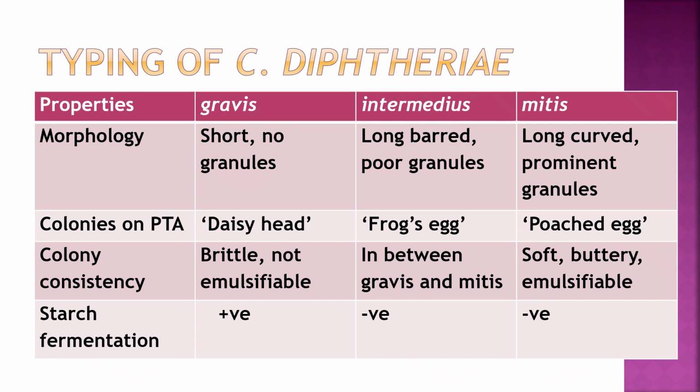The colony consistency in Gravis is brittle, not emulsifiable. In mitis, it is soft, buttery and emulsifiable, and in intermedius it is in between Gravis and mitis, so not very brittle and not very soft. Starch fermentation is done only by Gravis; intermedius and mitis are negative.